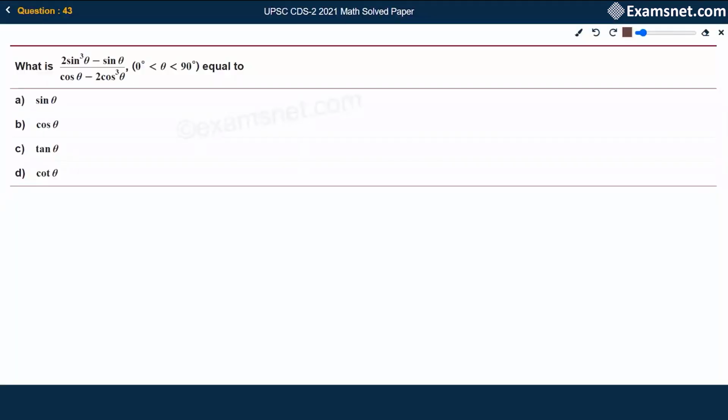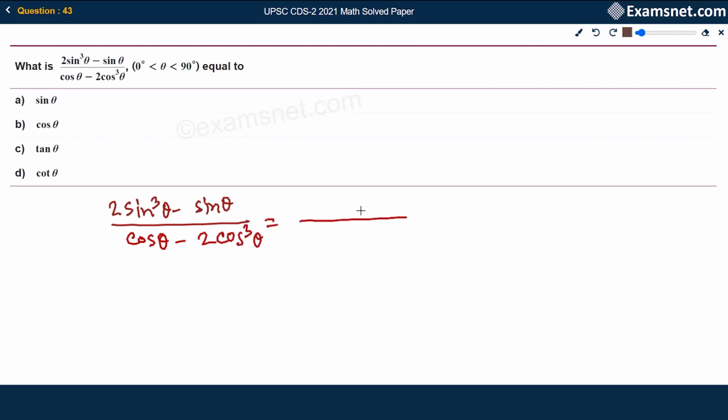In question number 43, it is given: what is (2 sine cube theta minus sine theta) by (cos theta minus 2 cos cube theta)? We have to simplify the given expression. So 2 sine cube theta minus sine theta by cos theta minus 2 cos cube theta.